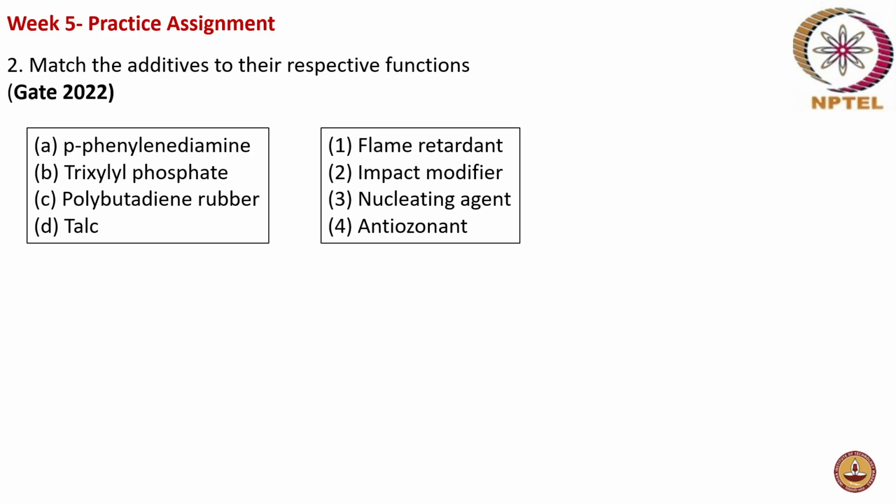Ma'am, D, impact modifier. Okay, impact modifier. Which one? D, talc. Is D talc? Talc is for flame retardant. Is it for flame retardant? Yes. Are you sure? Yes. Someone else? Butadiene rubber is for impact modifier.